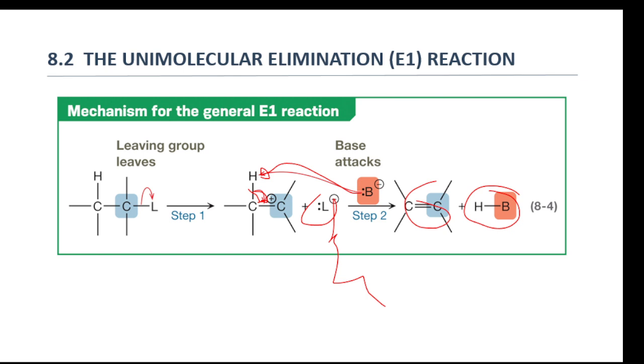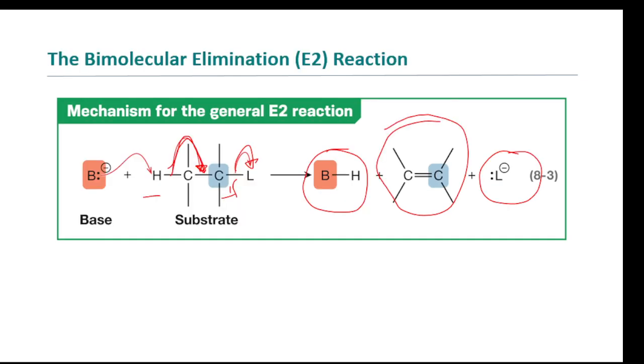Okay, very good. And again, what would determine which one of those would happen, by the way? How much energy? Strength of your base is going to help determine that. There's one more thing. Well, ultimately, yeah, it would boil down to transition state, but what determines those transition states? How about how good of a leaving group the leaving group is? Yeah, that's going to be a big factor here, right?